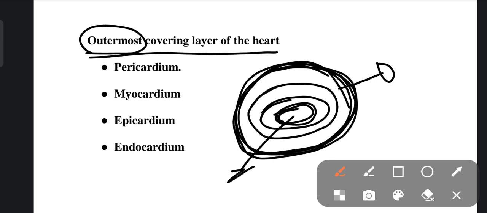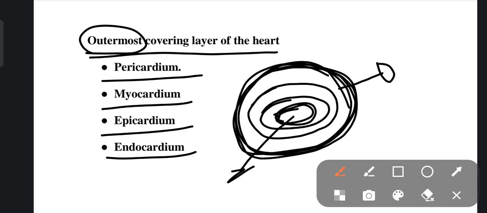So the question is, what is the outermost covering layer of the heart? The options are pericardium, myocardium, epicardium and endocardium. So the right option is pericardium. So the pericardium is the covering layer of the heart.